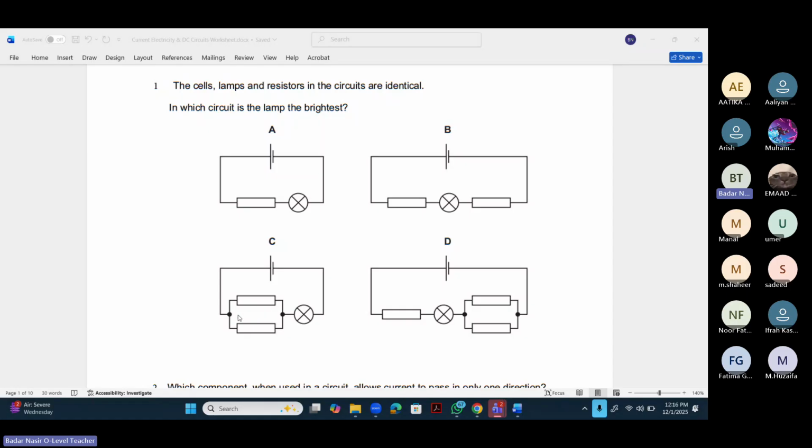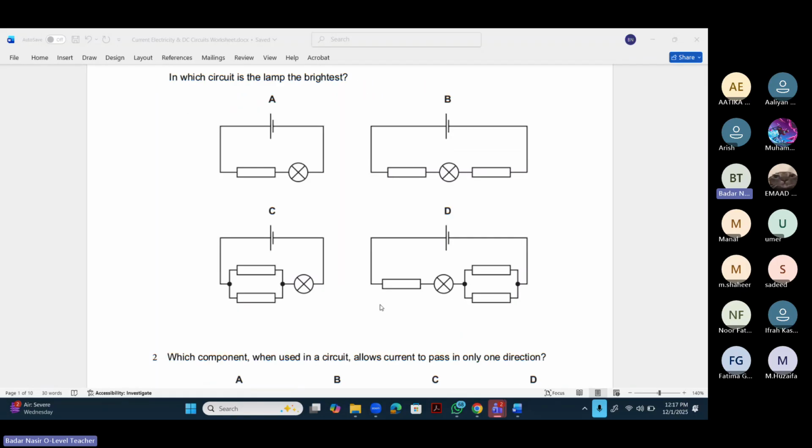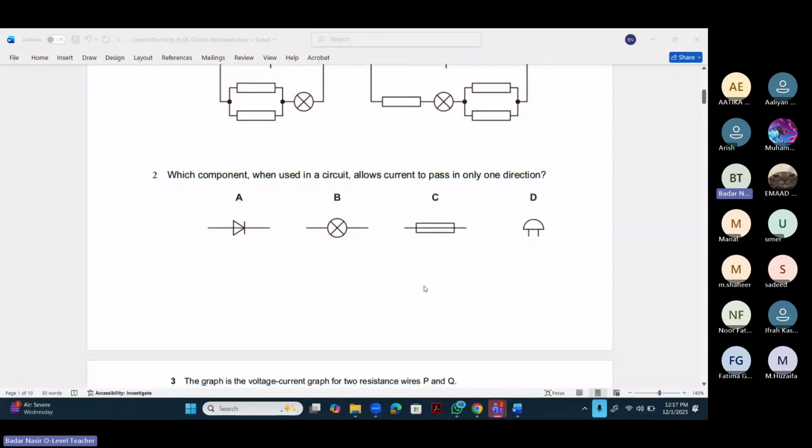Their resistance is less, so the voltage across them will also be less. So the lamp will get more voltage, so the answer is C. The voltage across these two parallel resistors will be less, and if they get less voltage the lamp will get more voltage automatically, so the lamp will be the brightest.